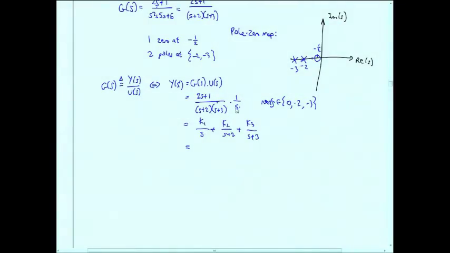So for the s part, I cover this part up. I evaluate this at s equals 0, and I get 1 over 6. So that's 1 over 6 over s. For the k2, I cover up the s plus 2 term, and I evaluate the rest at s equals -2. So on the top, I get -4 plus 1 is -3 over 1 times -2 is -2. So -3 over -2 is 3 over 2.